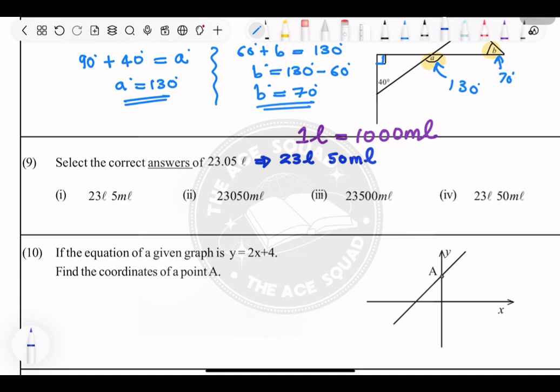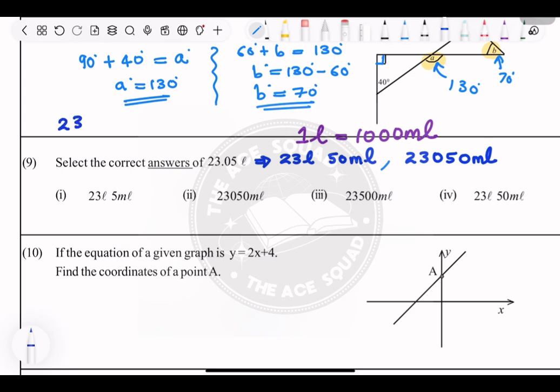Because when you convert this to milliliters, you basically multiply by 1000, right? So when you multiply by 1000, this decimal point is going to be moving 1, 2, 3 places. So that means there is a 0 here. So it's 23 liters and 50 milliliters when you write it in this form. Or if you decide to convert it to milliliters completely, it's going to be 23,050 milliliters. So I hope it's clear.